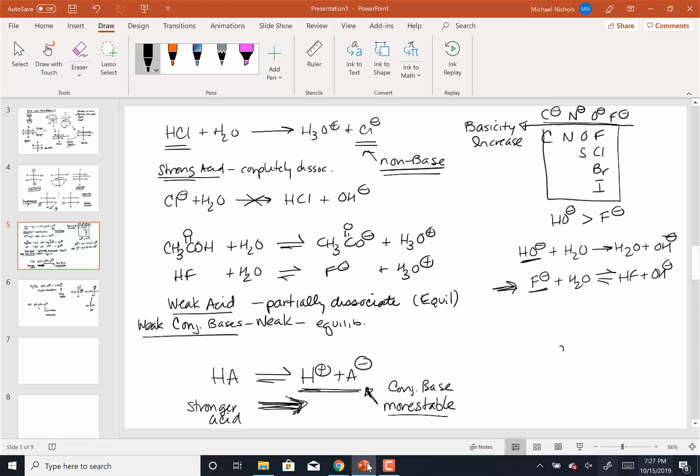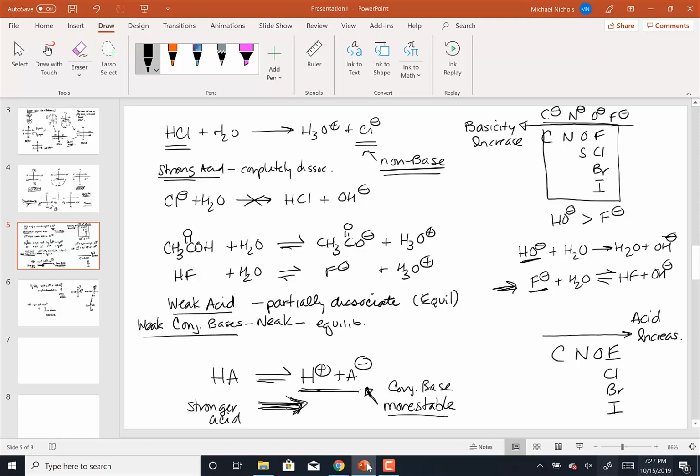Okay. Now down here, let me write my C, N, O, F, Cl, Br, and I. What does it mean when I go from right to left? No, I quit. When I go from left to right. When I go from left to right, what happens to acidity? The acidity increases. So what's the strongest acid in this sequence?